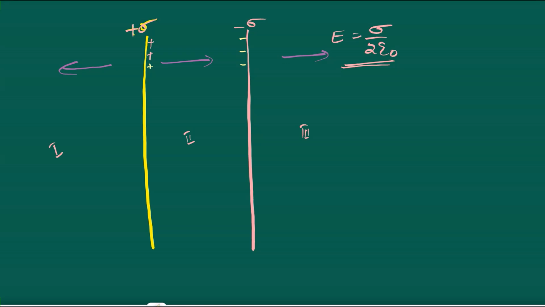If you take region 1 and consider this plate with negative charges, the electric field is acting radially inwards because it is uniformly charged. So the electric field is in this direction, here also in this direction, and here also in this direction. So we have the three regions 1, 2 and 3, and we have the electric field directions.